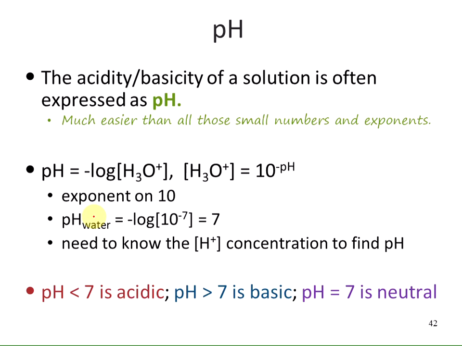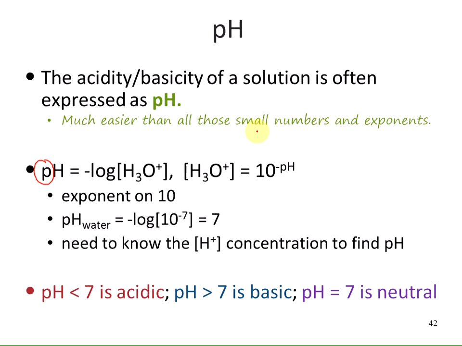So the pH of water, where the hydronium concentration is 10 to the minus 7th for neutral or pure water, is the negative log of 10 to the minus 7th, so the pH of water is 7. So we need to know the hydronium concentration to find pH. Now also, while we're mentioning this here, the P of the pH simply means to take the negative log.